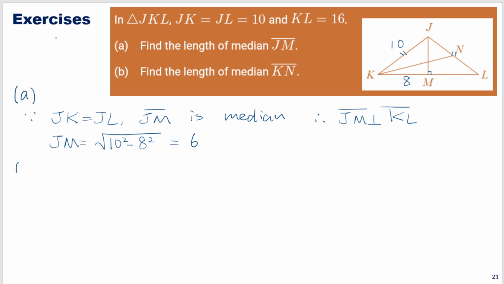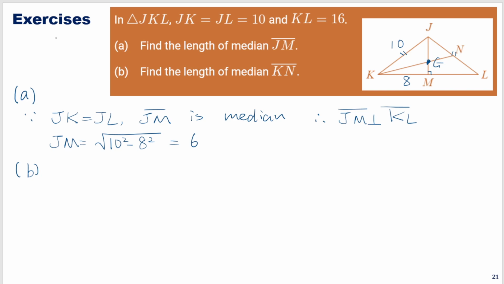That completes question A. For question B, let's call this point G here. JM and KN meet at G, which is actually the centroid of triangle JKL, right? Because N is a midpoint, M is also a midpoint, and two medians meet at point G. So G is a centroid. Remember, G is called centroid.